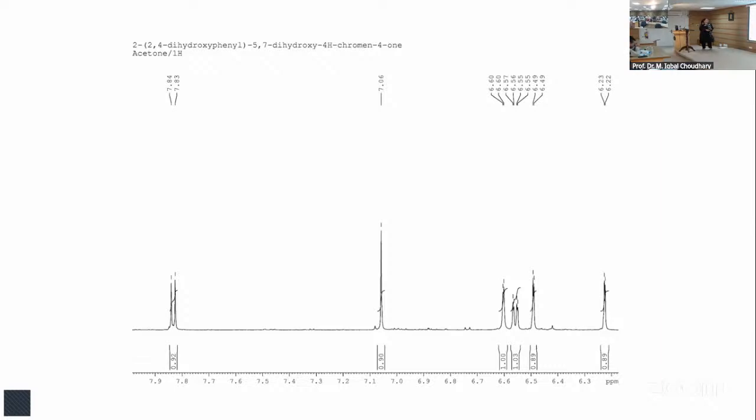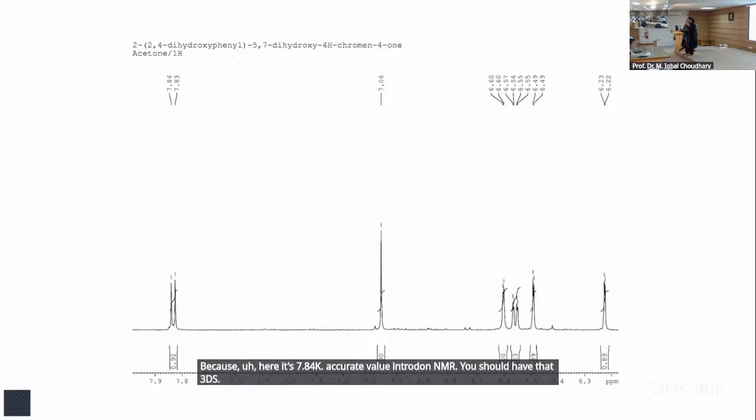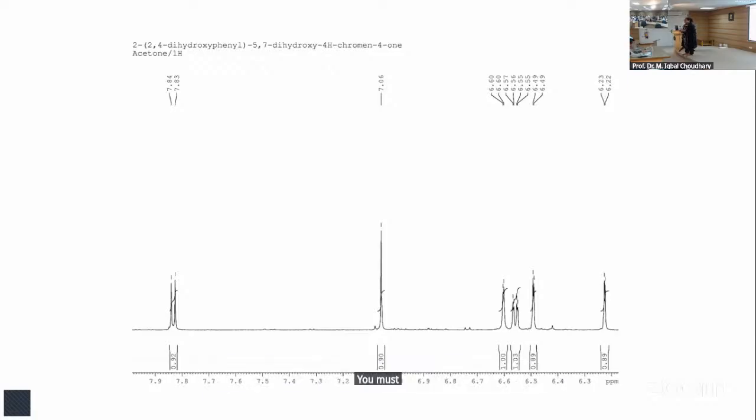So you need to subtract 7. As a matter of fact, you may not get it correct because here it's 7.84. To get an accurate value in proton NMR, you should have 3 digits. You must have 3 digits after the point.